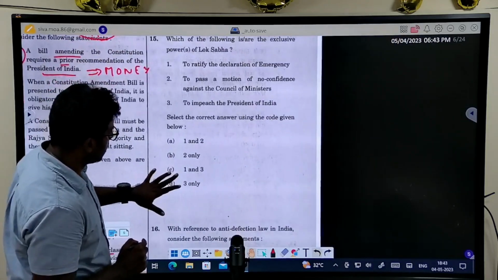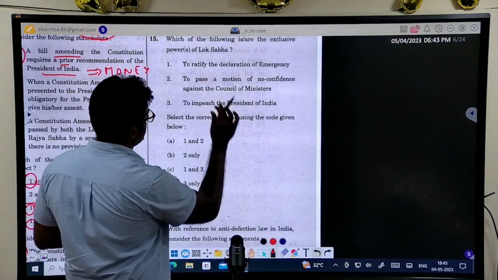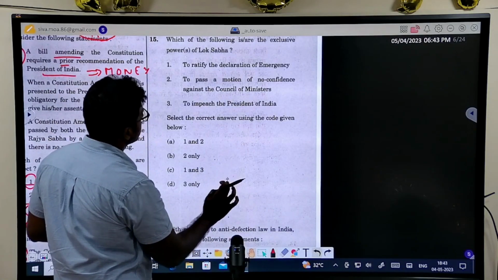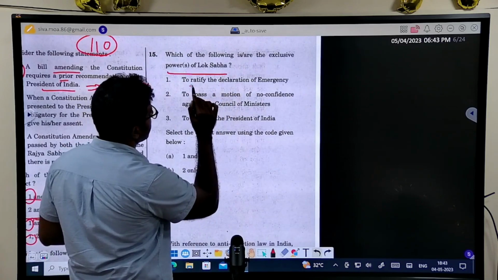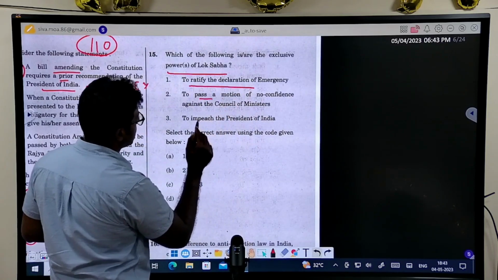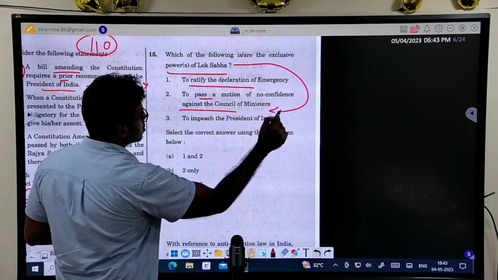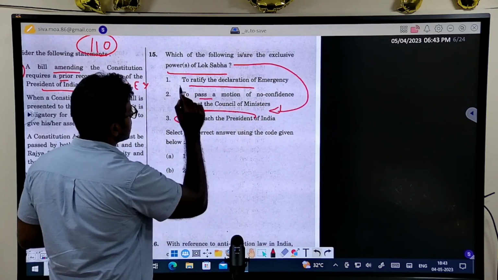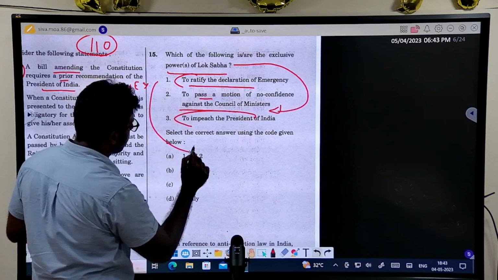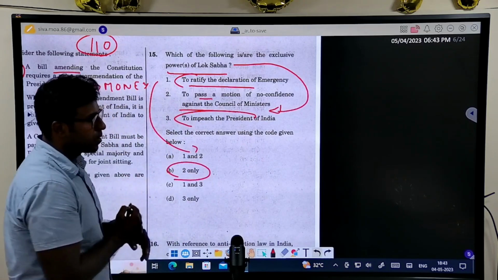Whether Lok Sabha or Rajya Sabha, the powers of Lok Sabha and Rajya Sabha. If you happen to see, it can ratify the declaration of emergency, whether it is possible, pass a motion of no confidence. It's true. 2 is true. But impeaching a president and ratifying both require both the houses. So only 2.